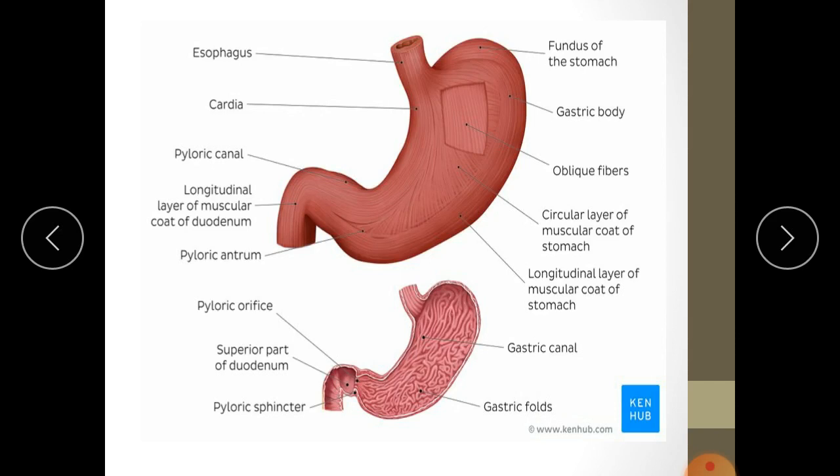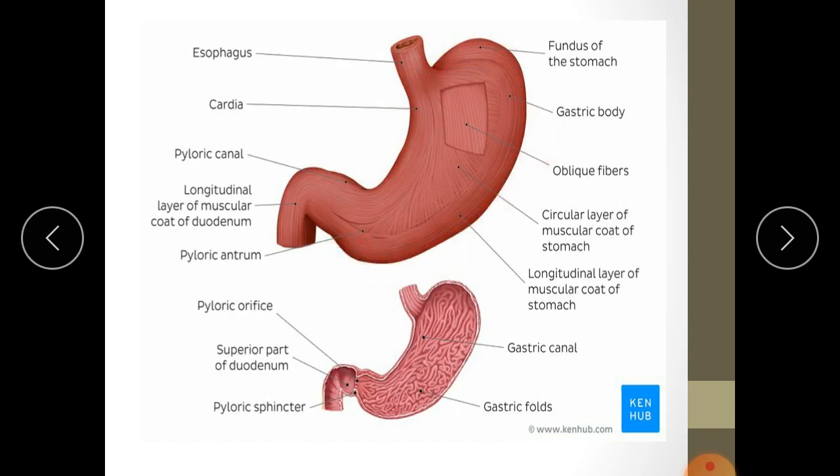This is very important in the digestion of protein. So in this class we are going to study the histological organization of the stomach. This is the anatomy of the stomach.